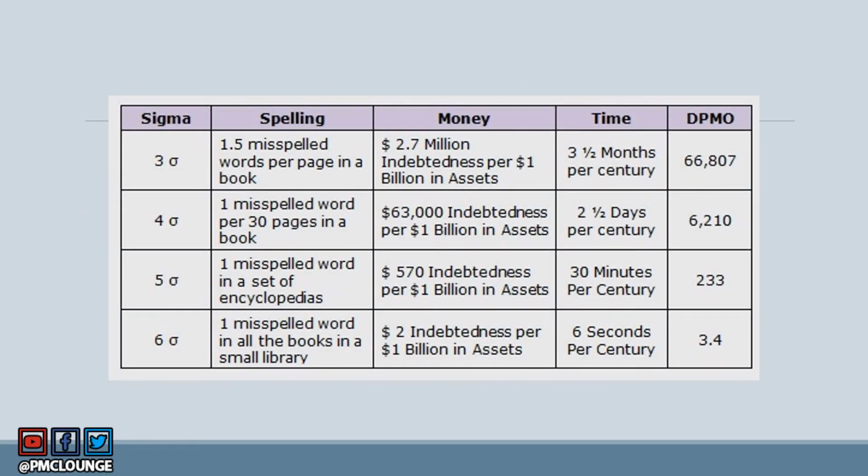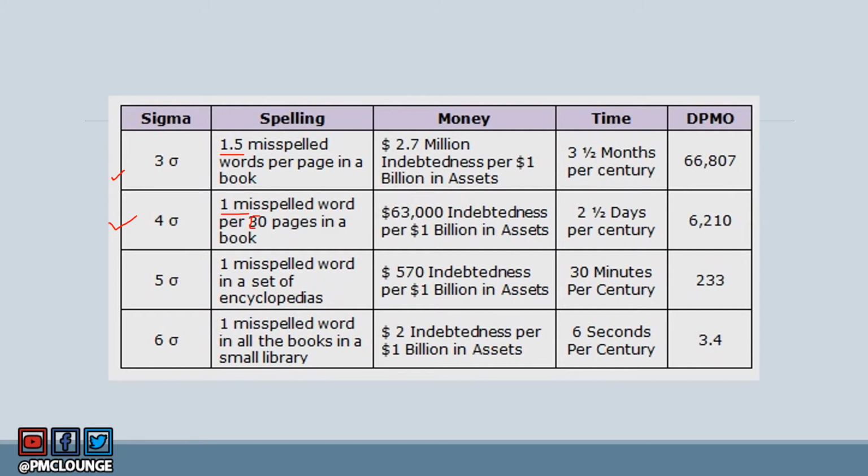Now these are the values. A 3 sigma value means you have 1.5 misspelled words per page in a book. So that is 3 sigma quality. If 1.5 words are misspelled in every page of the book, that qualifies for a 3 sigma quality. 4 sigma is one misspelled word per 30 pages.